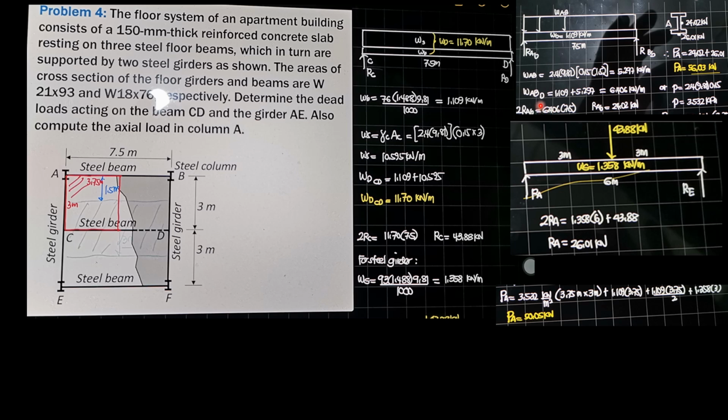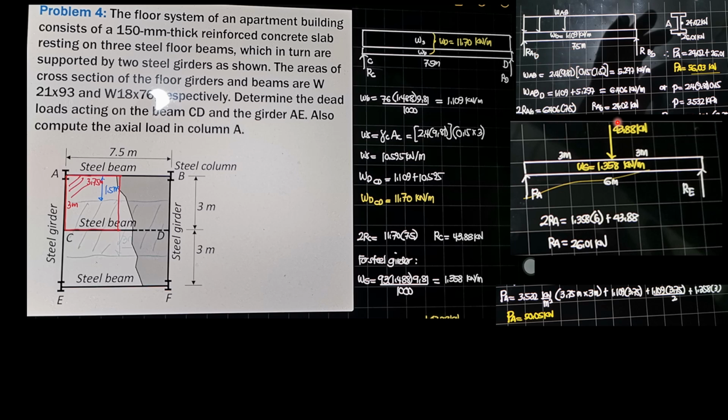Therefore, the total dead load WAB would be 1.109 plus 5.297, so 6.406 kilonewtons per meter. Then summation of vertical forces equals 0, so 2 times RAB, because RA due to the beam equals RB due to the beam, equals the total load, 6.406 kilonewtons per meter times the length 7.5.